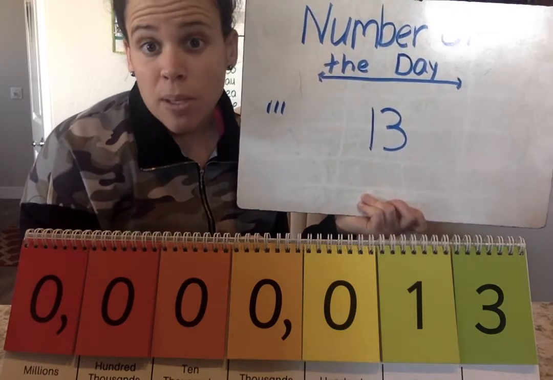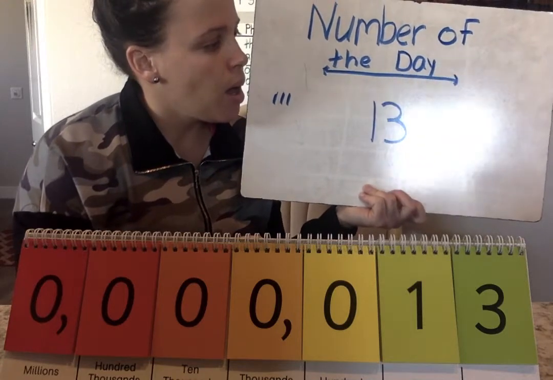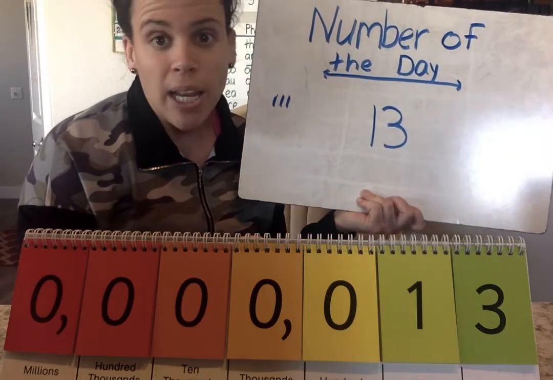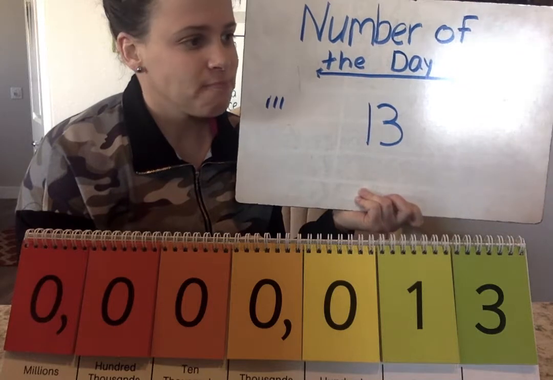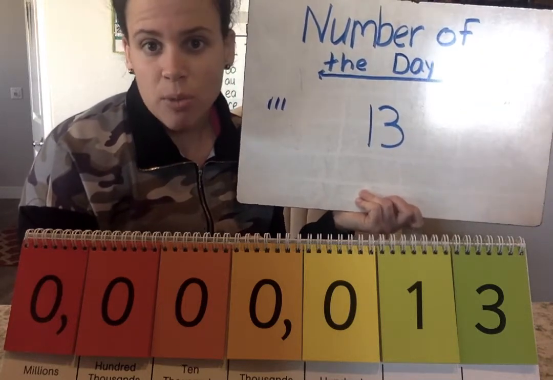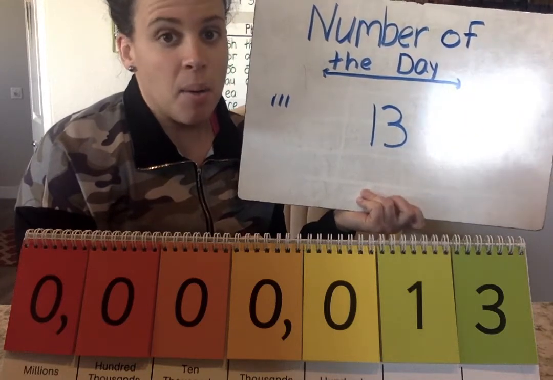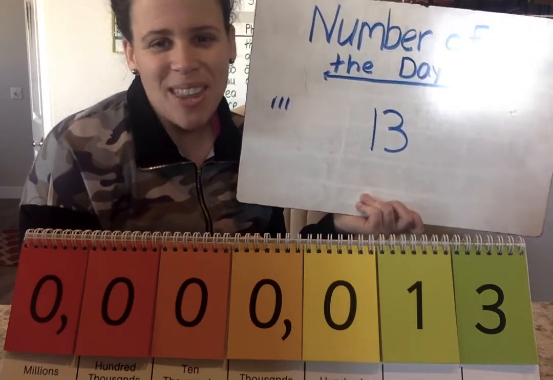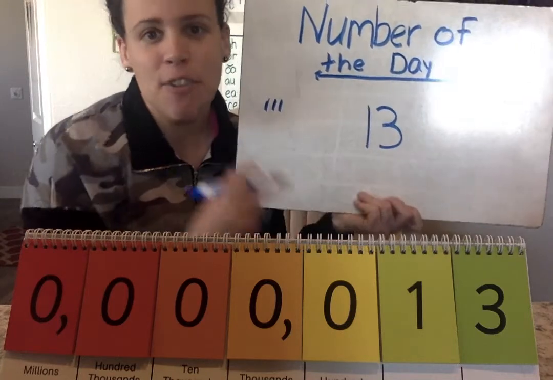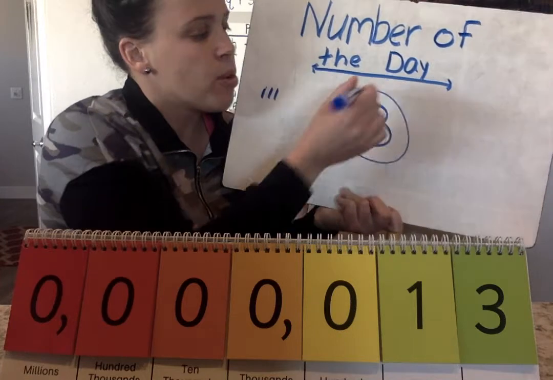Longs and cubes, using your place value blocks. Writing the number using a word. Showing it on a number line. Doing an addition or subtraction fact to get the number 13. Number bond. Be creative with it. See how many different ways you can come up with to show the number 13.